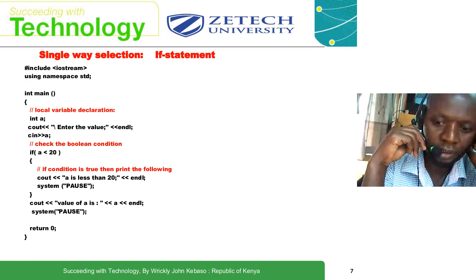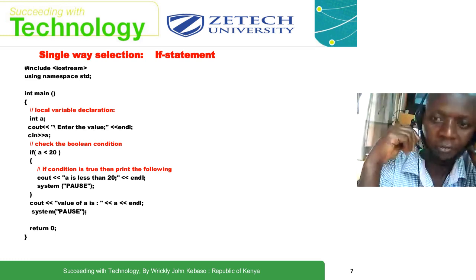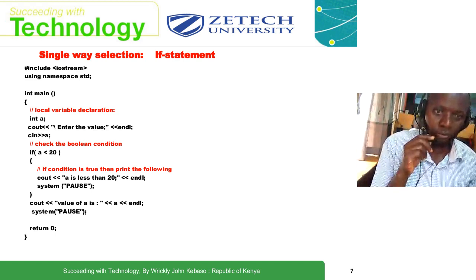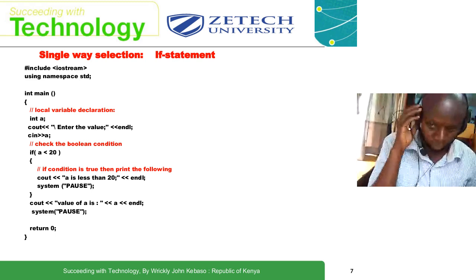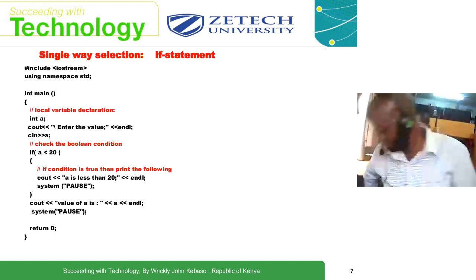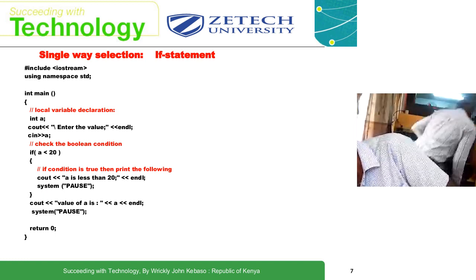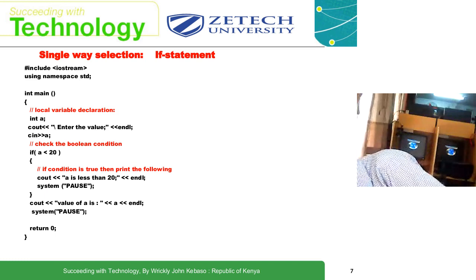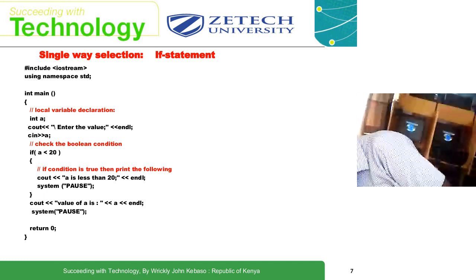Mokaya is having a challenge, so I'll check on that. Mokaya cannot hear, so I'm going to check on that one. It's very important for you to hear. All right, I think everything is fine.